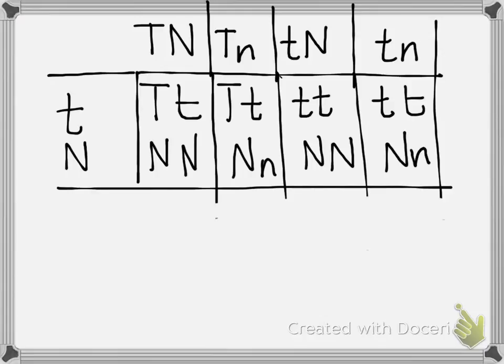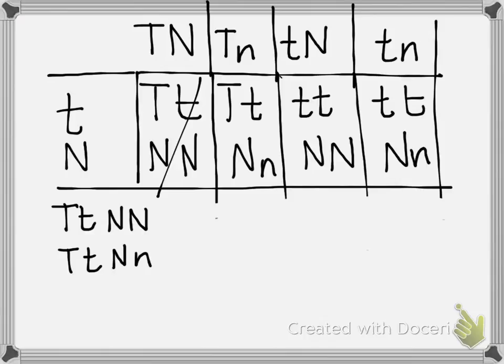It's pretty easy. This is called a dihybrid square. We still figure out our genotype and phenotype ratios. So how many possible combinations of genotype do we have? And we have to look at both of them. So we have big T, little t with big N, big N. That's that one. We have big T with big N, little n.